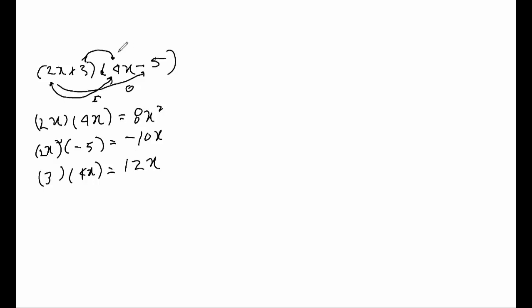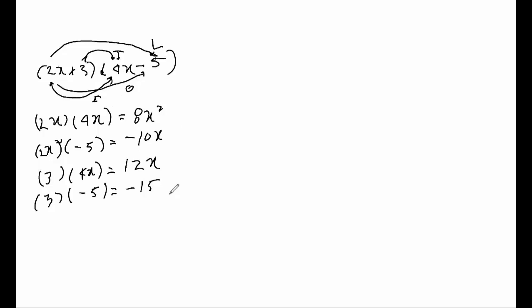That's my inner, I. And then my last, L, would be 3 times negative 5, which will give me negative 15. Now I'll put this all together. So here's my FOIL, F-O-I-L, first, outer, inner, last.